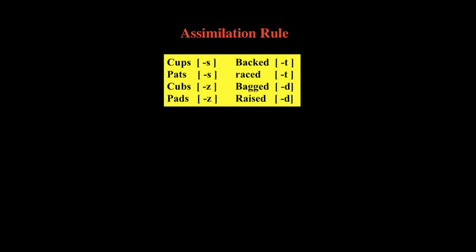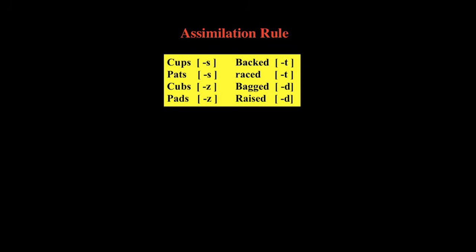Look at this example. We say cups, pats, cabs, pads. Now we notice that the s sound is actually pronounced as s in the first two words, cups and pats, but it is actually pronounced as z in the words cabs and pads. The same thing happens to the d sound.